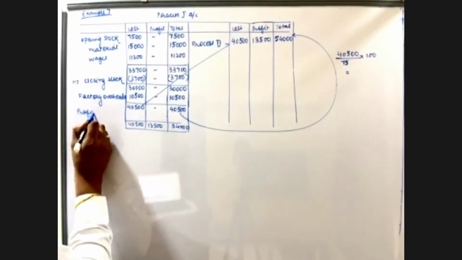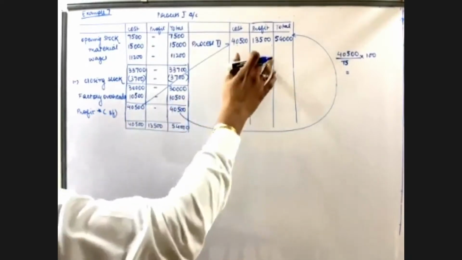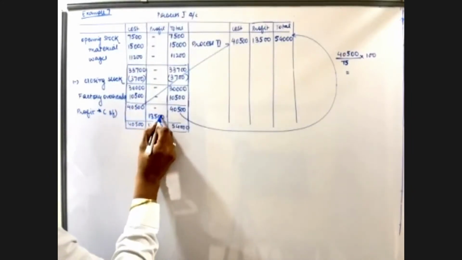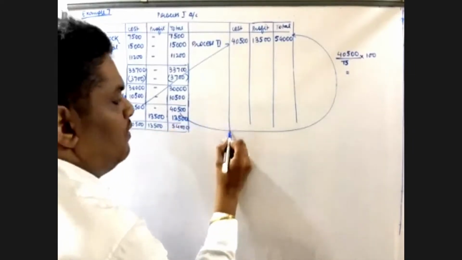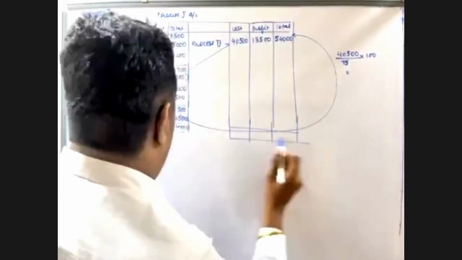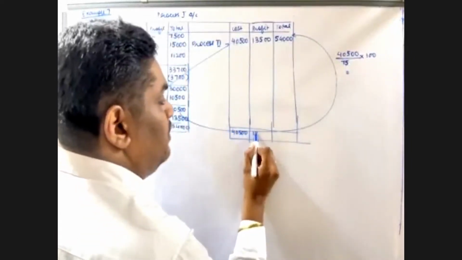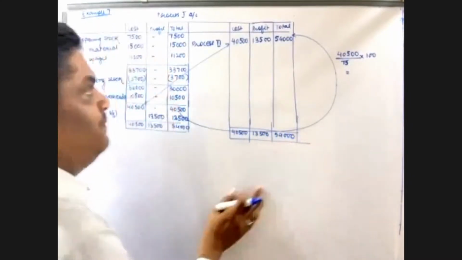And the profit will be my balancing figure. That is 13,500 minus this side 13,500 and 13,500. 40,500, 13,500 and 54,000.